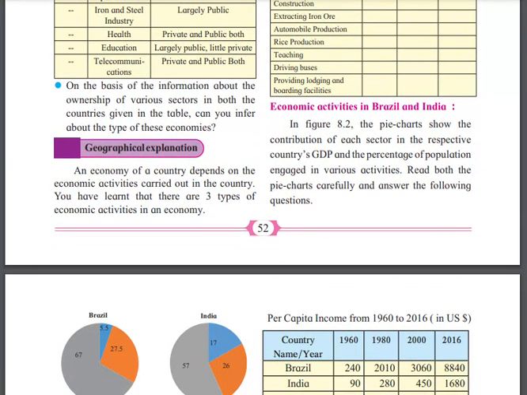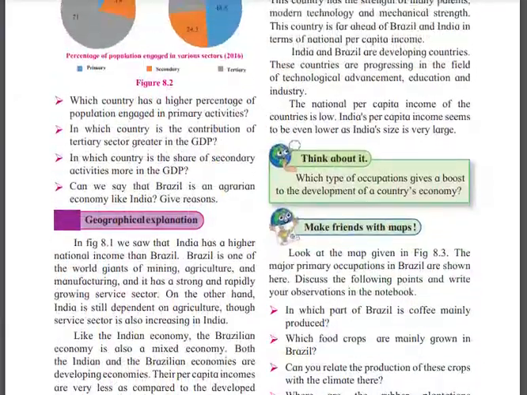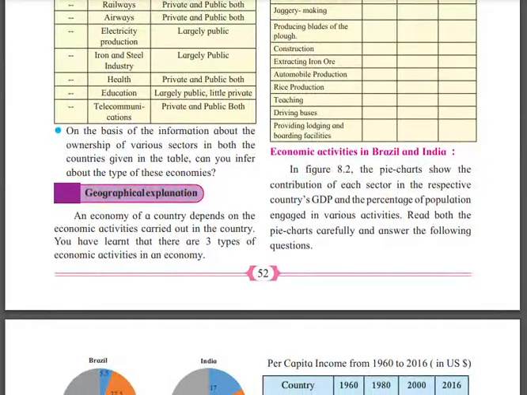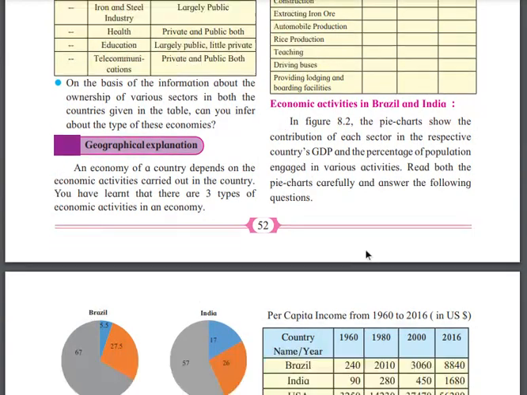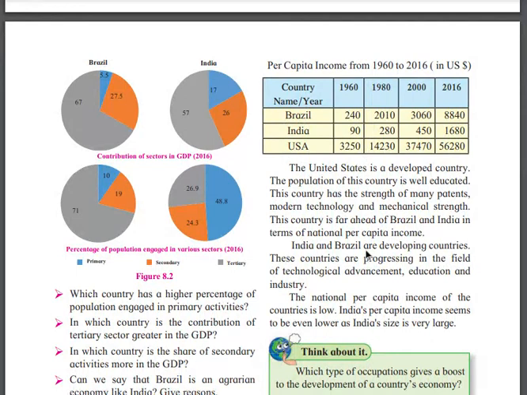So, economic activities in Brazil and India. If you see the pie chart, it shows the contribution of each sector to the respective country's GDP and the percentage of population engaged in various activities, right? India is on the right side, Brazil on the left side.